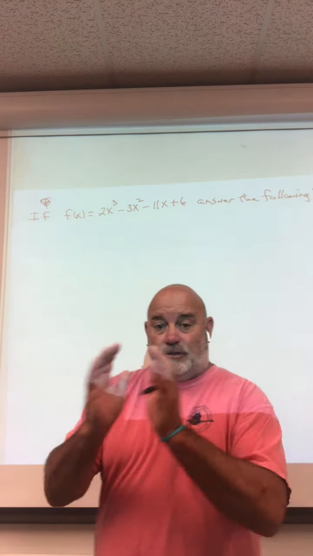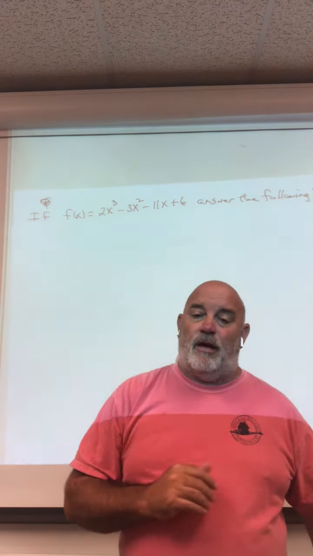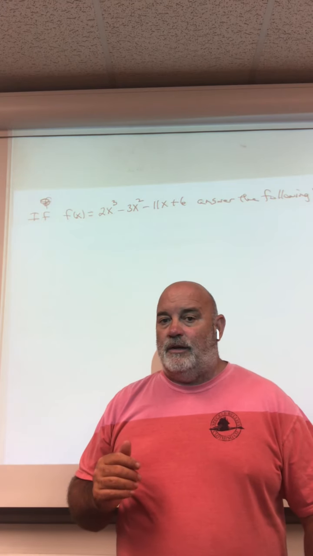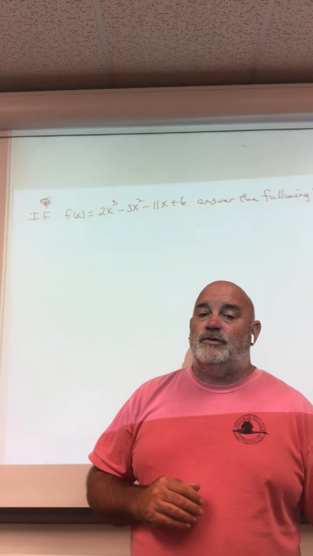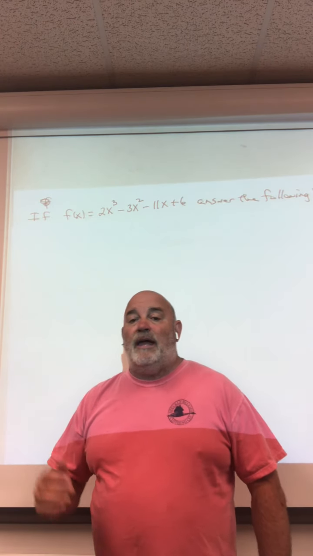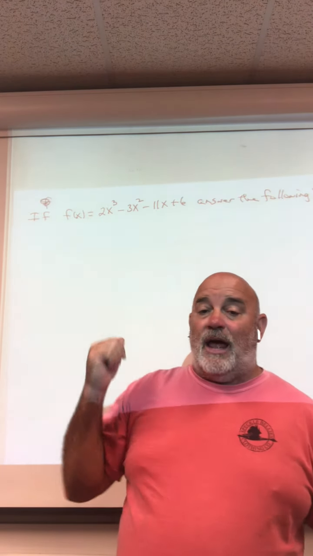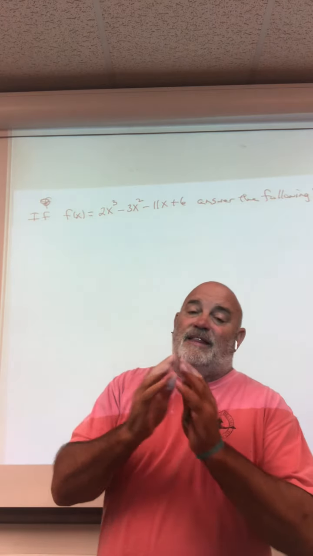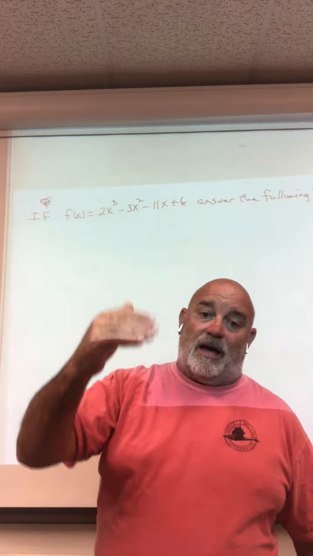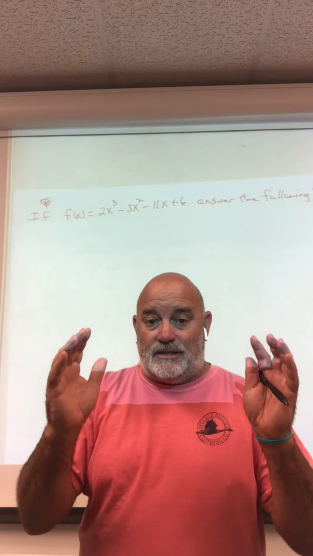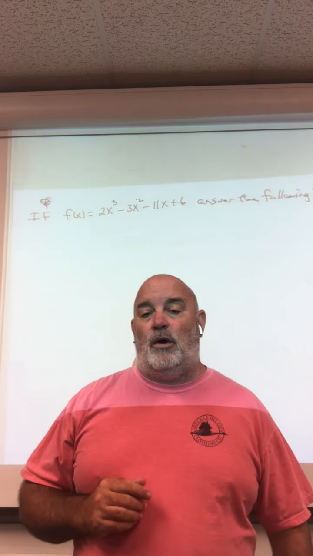We need to get the 3 factors to this problem so that we can get the 3 zeros. But you can't get the 3 factors and you can't get the 3 zeros until you make your list of the set of possible rational zeros, which is plus or minus C over L. Then I'm going to have to try the numbers in the list until I find one that works.